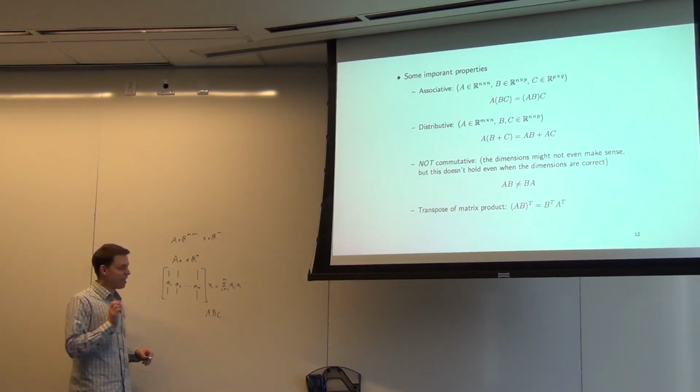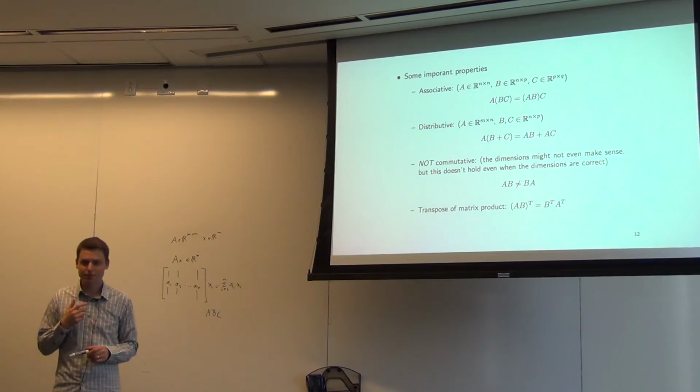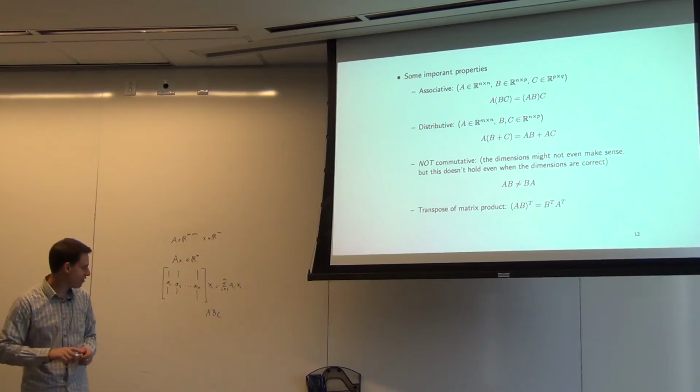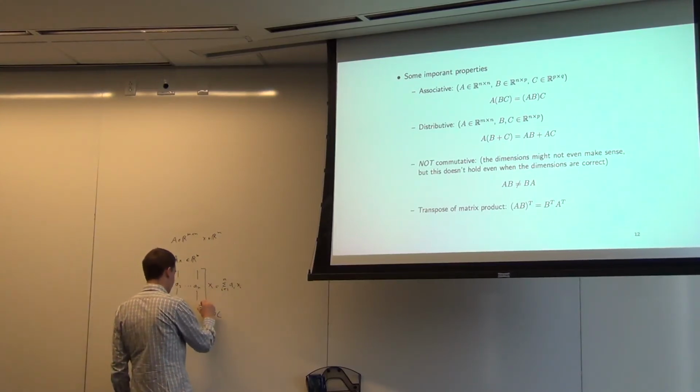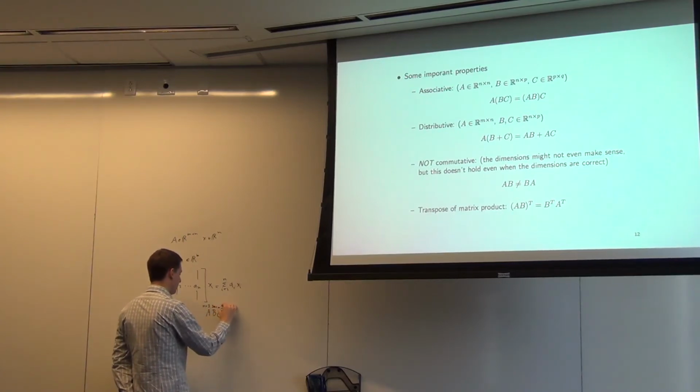By the way, the order can actually matter in terms of the efficiency of the operations. Say A here is n by 1, B here is 1 by m, and C is m by p.